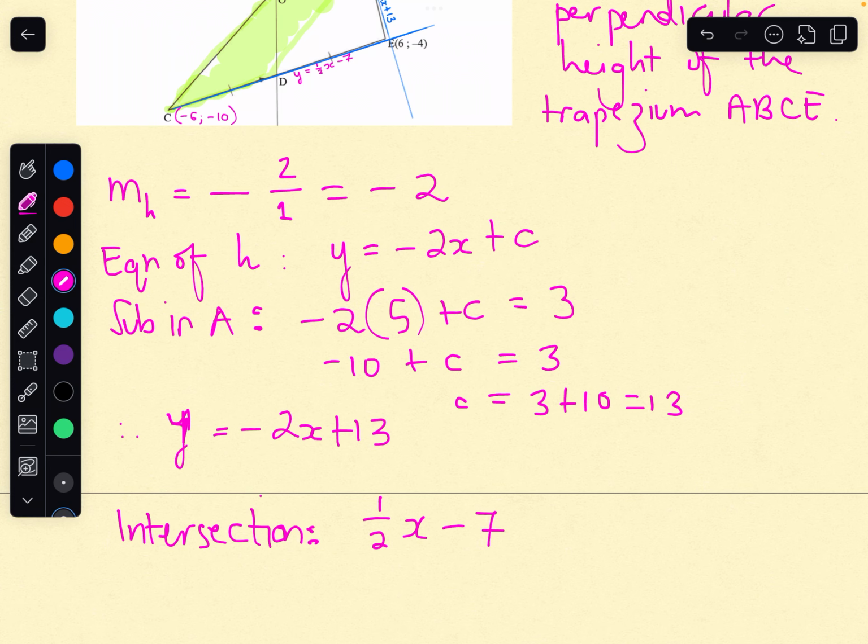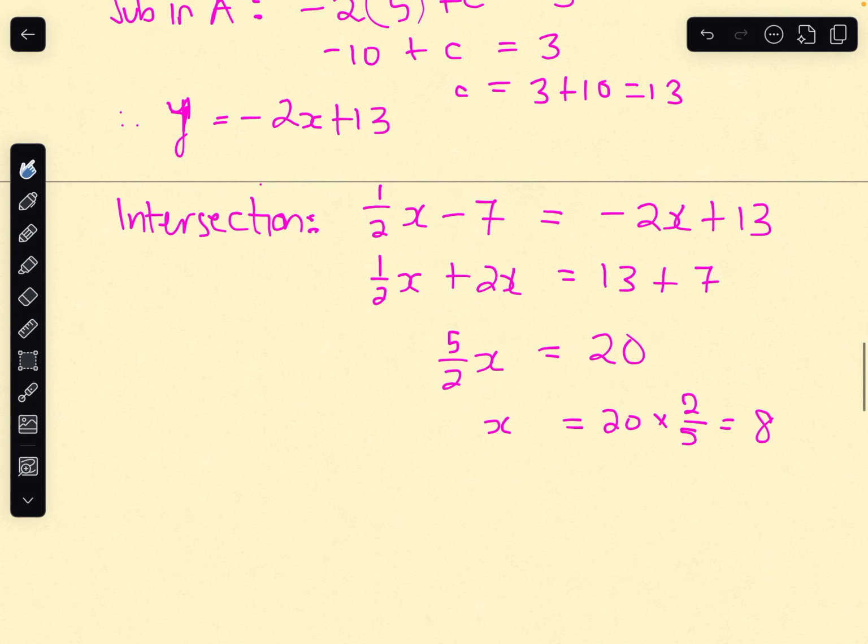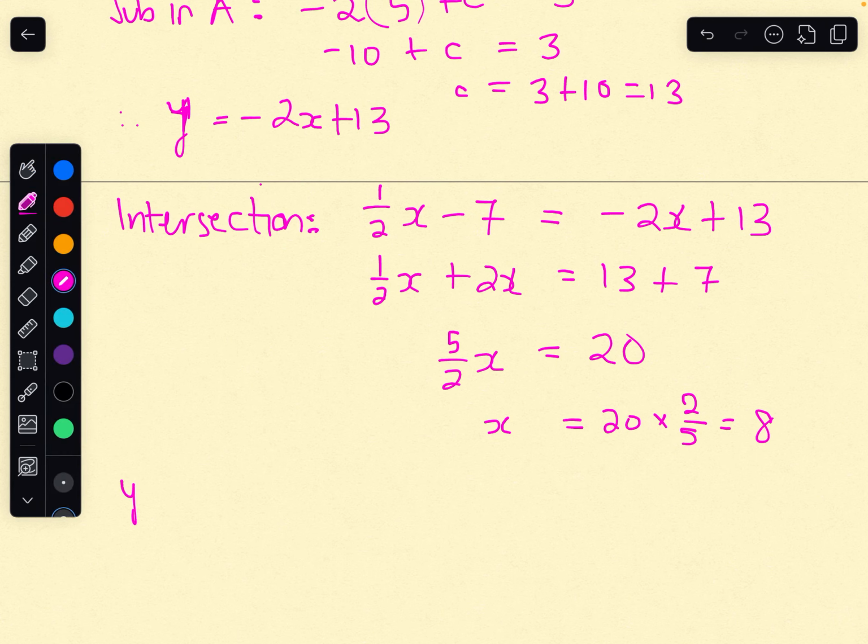But anyway, so half x minus 7, where is that equal to this one? Get all my x's on one side, get all my constants on the other, and we now have 2.5x, or 5 over 2 x, is equal to 20. Times by 2 over 5 on both sides, so that is going to be 8. So the x coordinate is 8. Let's figure out the y coordinate. y is equal to a half of 8 minus 7, which is 4 minus 7, which is minus 3.